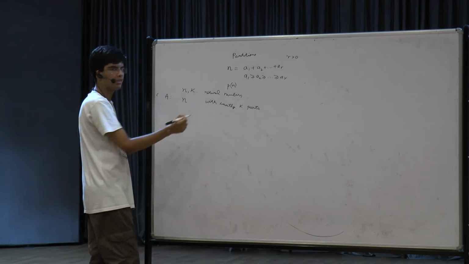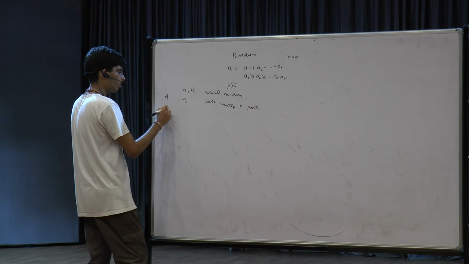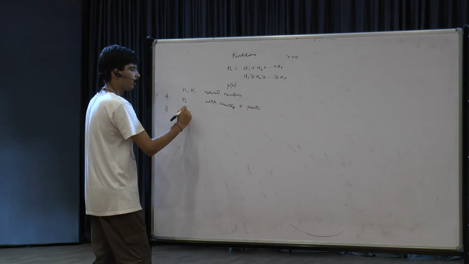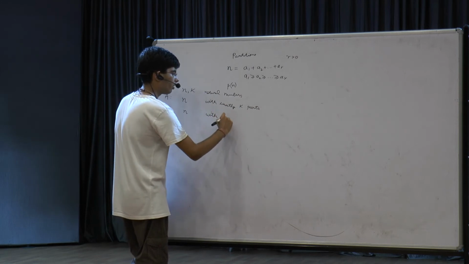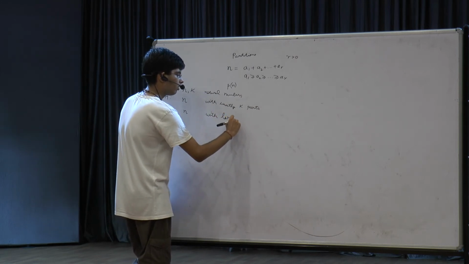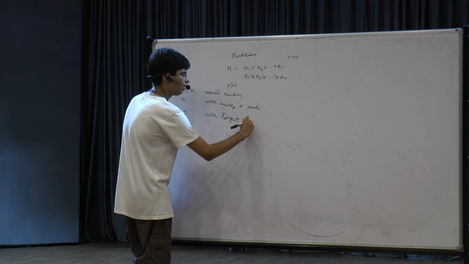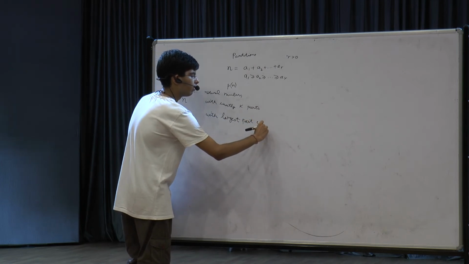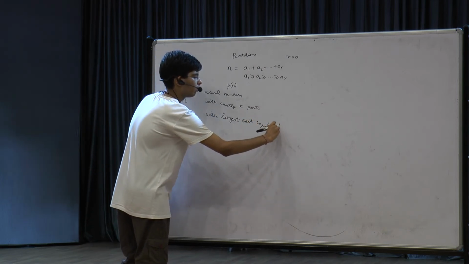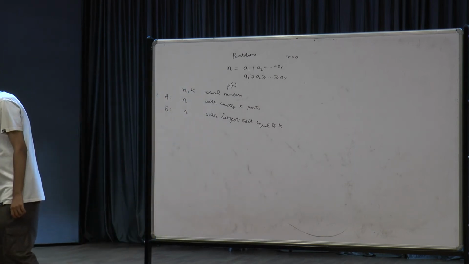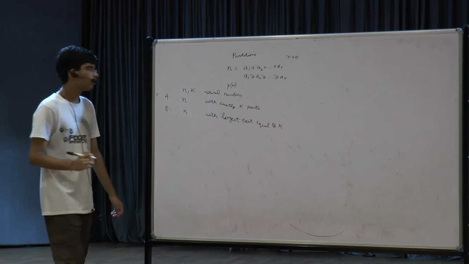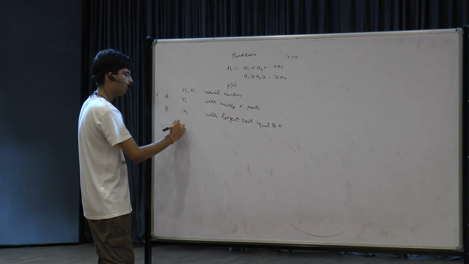We'll call this number A. And then we look at B, the number of partitions of n with largest part equal to k. So our goal is to show that A and B are equal.